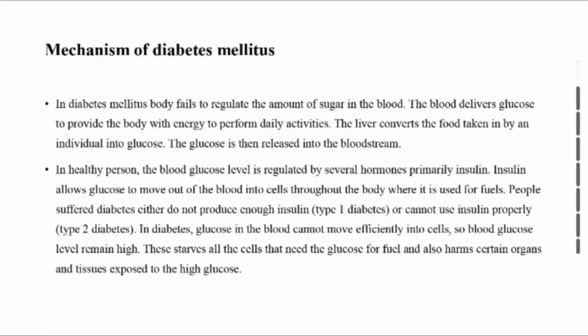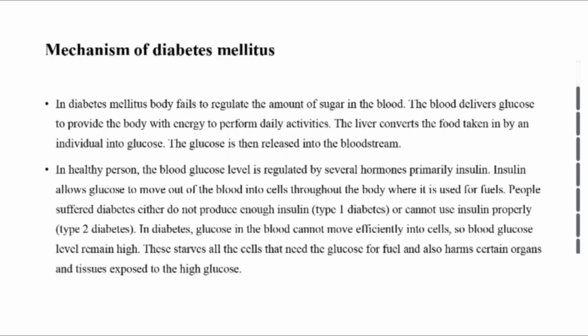The liver converts the food taken in by an individual into glucose, which is then released into the bloodstream. In a healthy person, the blood glucose level is regulated by several hormones, primarily insulin, which is released by the pancreas. Insulin allows glucose to move out of the blood into cells throughout the body, where it is used for fuel.